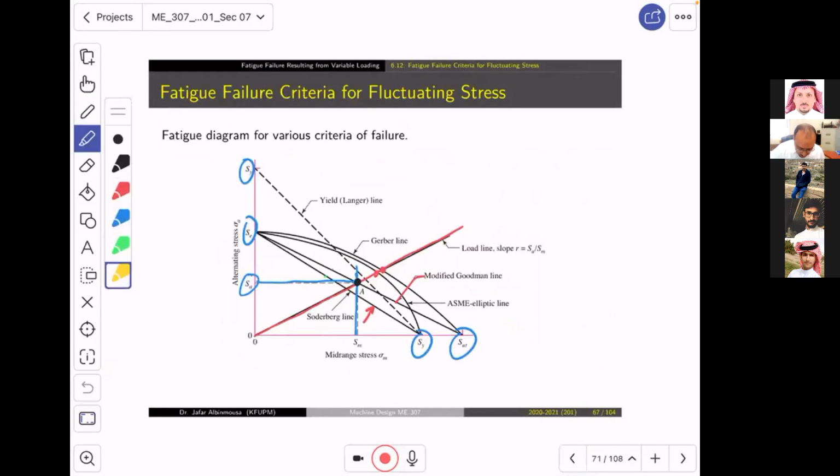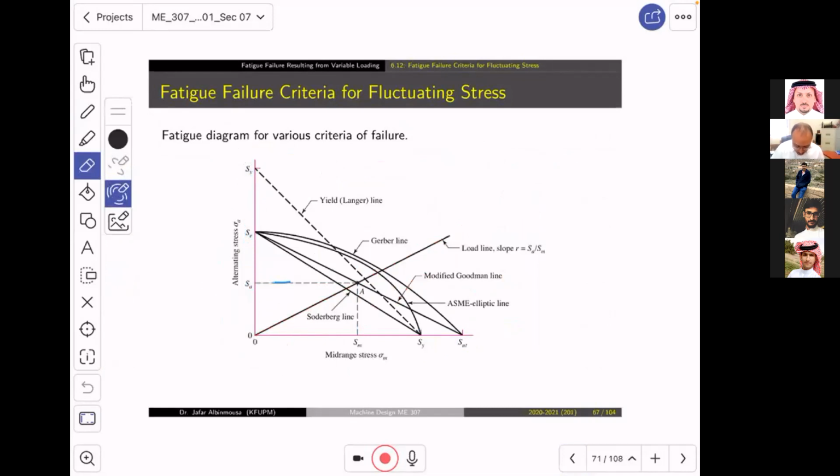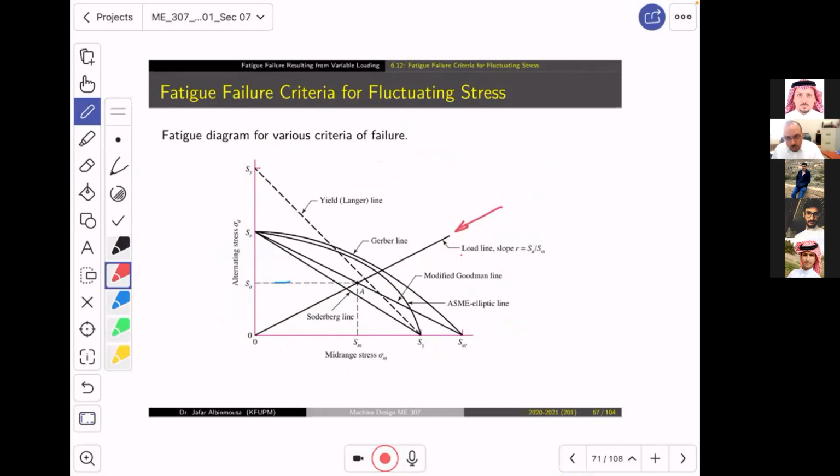As you see, we have multiple intersections. So, for example, just to tell you, a design line, this is called the load line, okay? The load line, if you think about it, it has a slope of SA divided by SM.